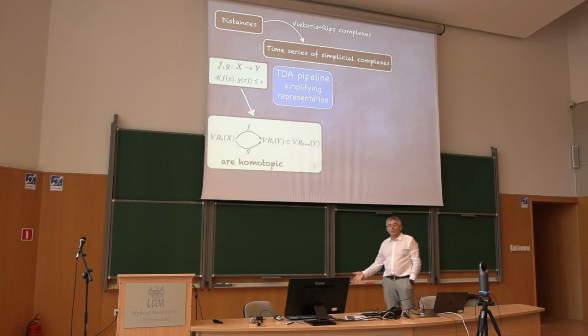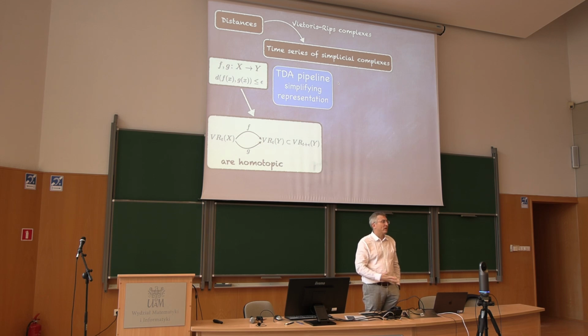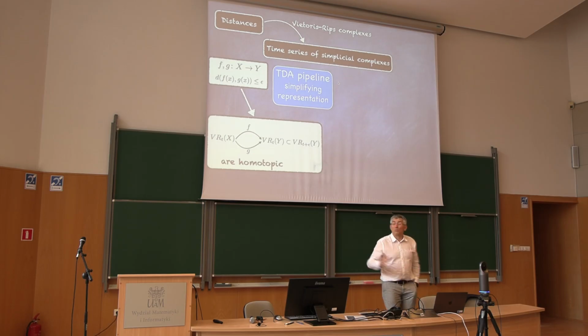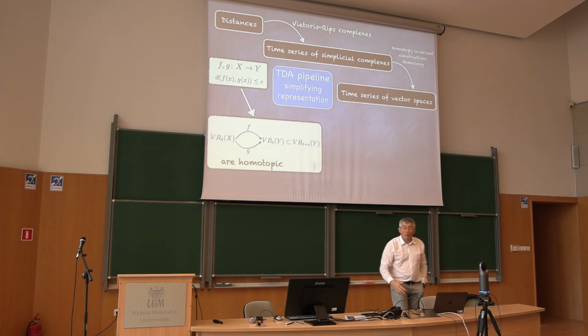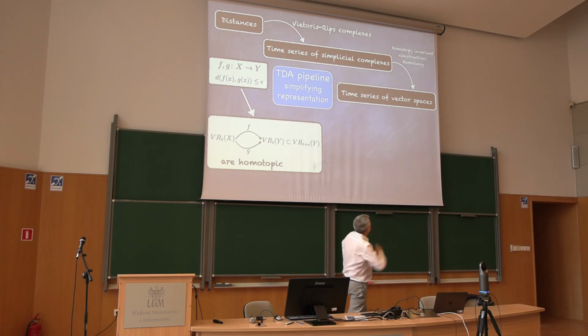So now when you talk to homotopy theorists and ask, if I give you two maps, can you decide whether those two maps are homotopic? That's very hard. So we have to simplify. So we often hit this with homology, or we can hit this with any homotopy invariant construction, maybe K-theory.